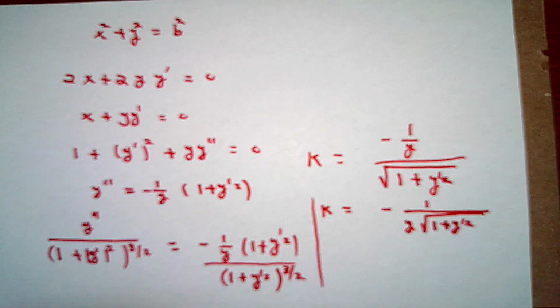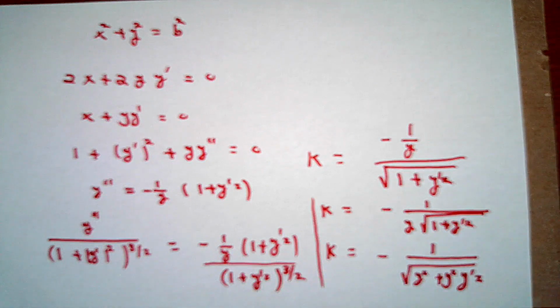Let's assume that I'm looking at the top half of the circle so that the y-coordinate is positive. That means that y is equal to the square root of b squared minus x squared, that is, the square root of y squared. Otherwise, y would be the negative of the square root of y squared. This looks as though I'm making it more complicated than it actually is, but in reality, this is very nice.